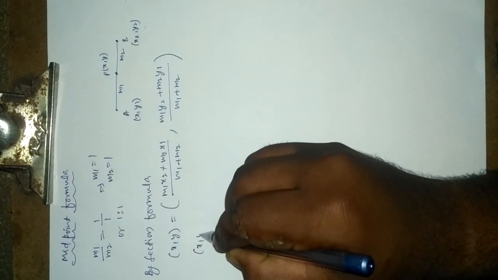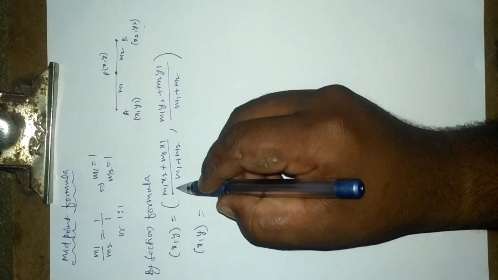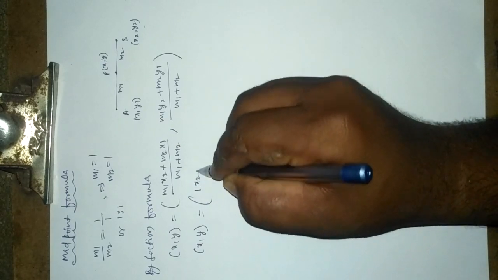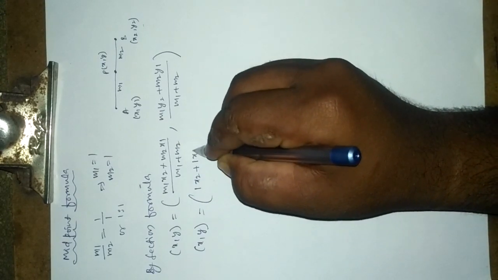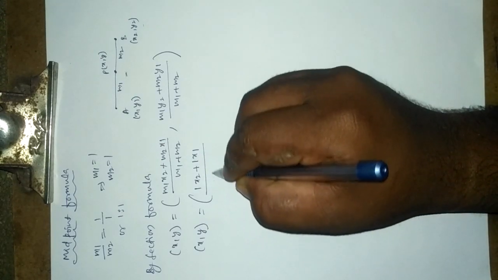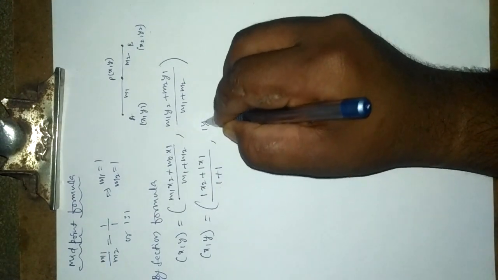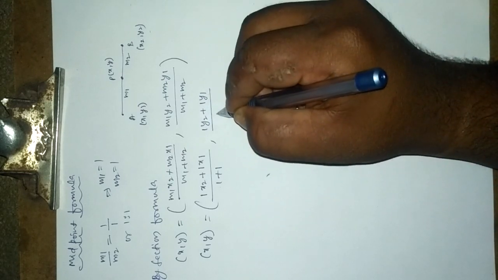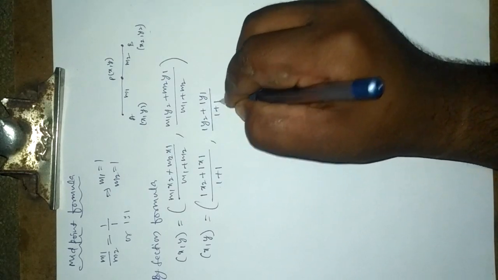So x comma y is equal to, with m1 value 1, 1 x2 plus 1 x1 divided by m1 plus m2, which is 1 plus 1, and 1 y2 plus 1 y1 divided by 1 plus 1.